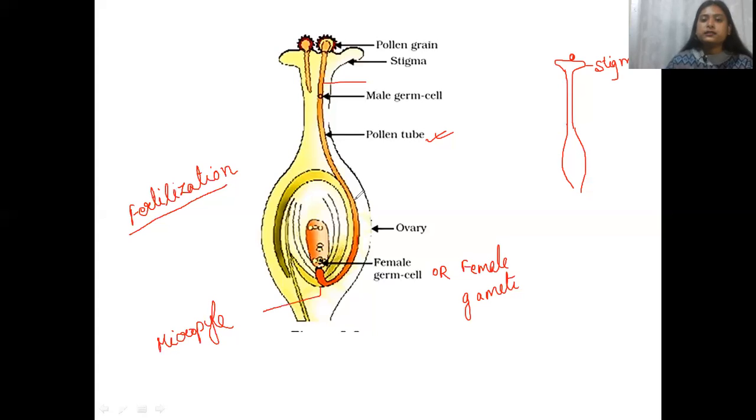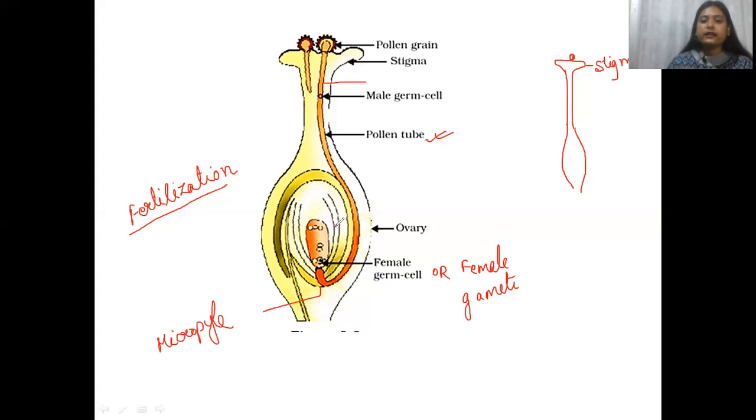So this is how sexual reproduction in flowering plants occurs. Through this diagram, we can clearly understand how fertilization takes place. Reproduction is also termed fertilization because it involves the fusion of male and female gametes.